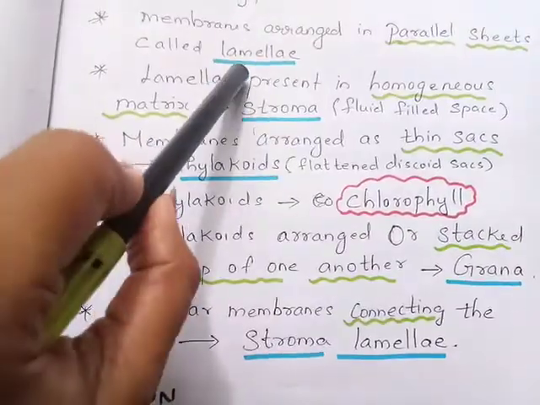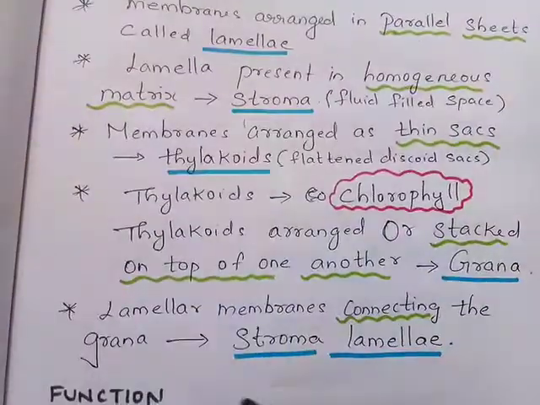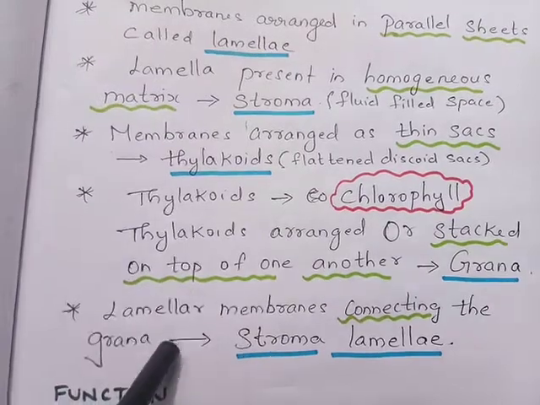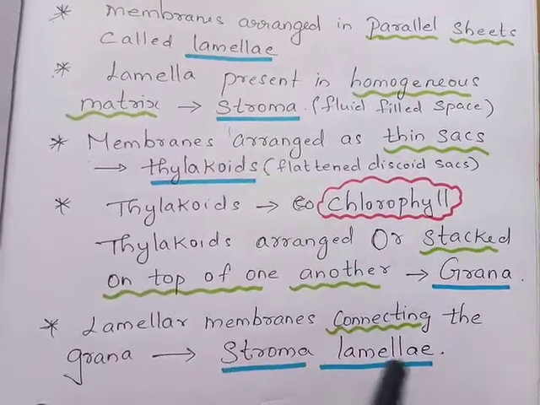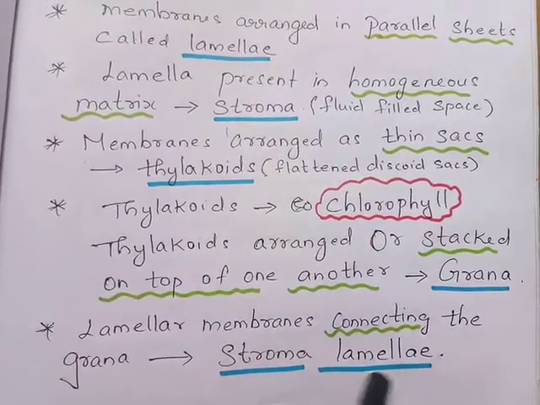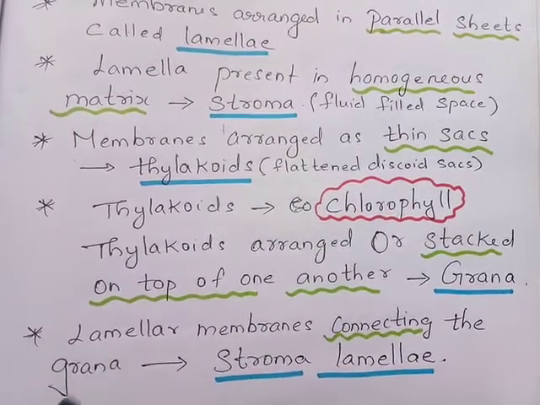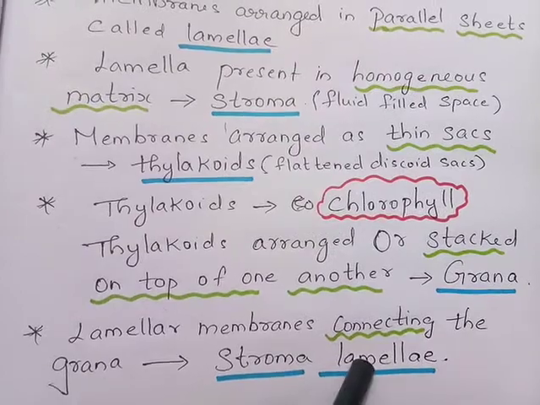Now we saw what lamellae are, the parallel sheets. The parallel sheets that connect the grana are called stroma lamella or stroma lamellae. So the lamellar membranes connecting the grana are called stroma lamellae.